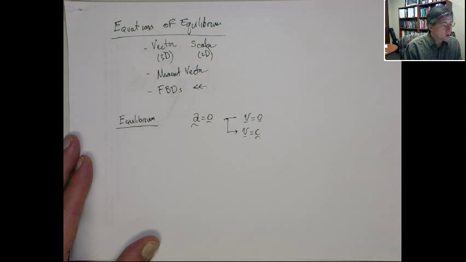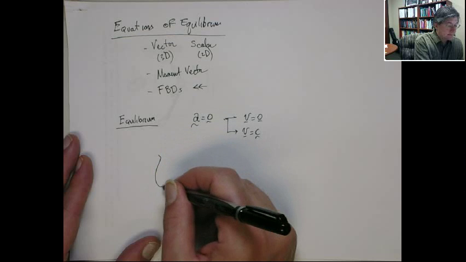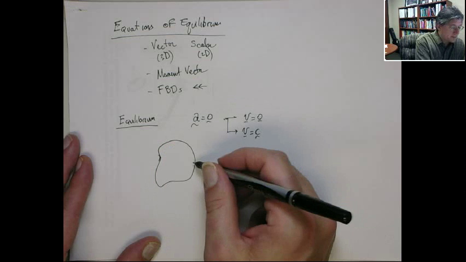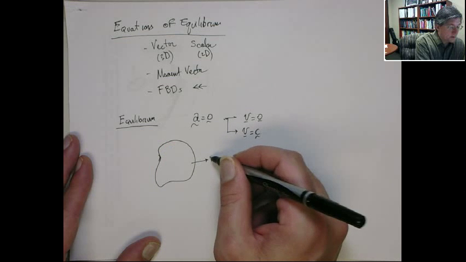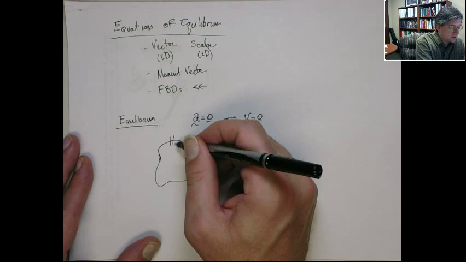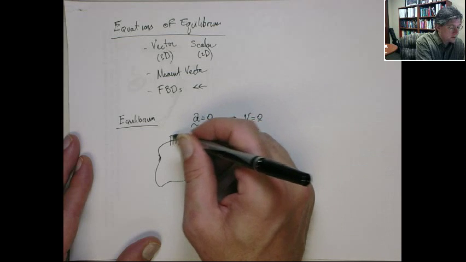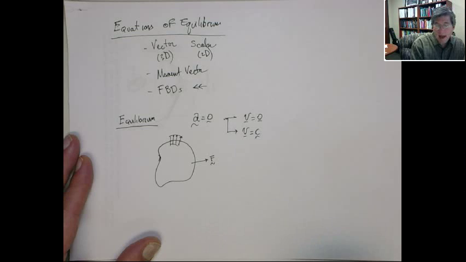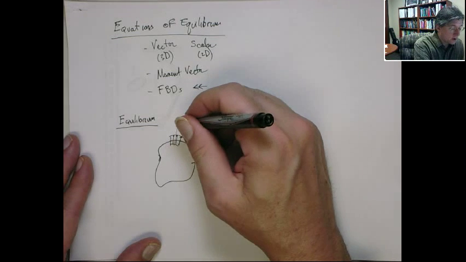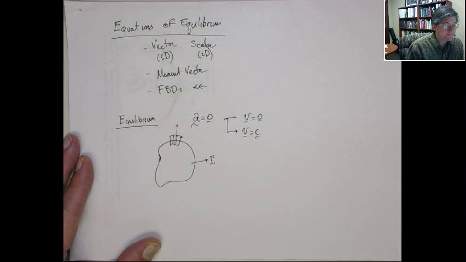Okay. So first, let me do the vector equations of equilibrium. So we have some body. Okay? Looks like that. And there might be some forces applied onto it. Point forces, or also distributed loads. Now remember from statics that you can also consider an equivalent point load from a distributed load, right?